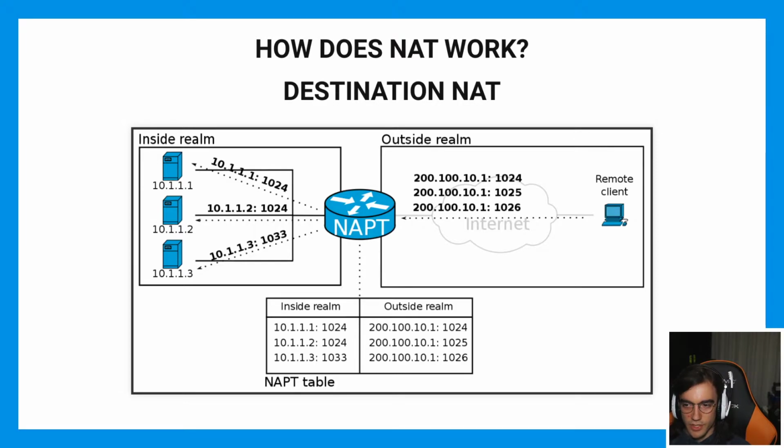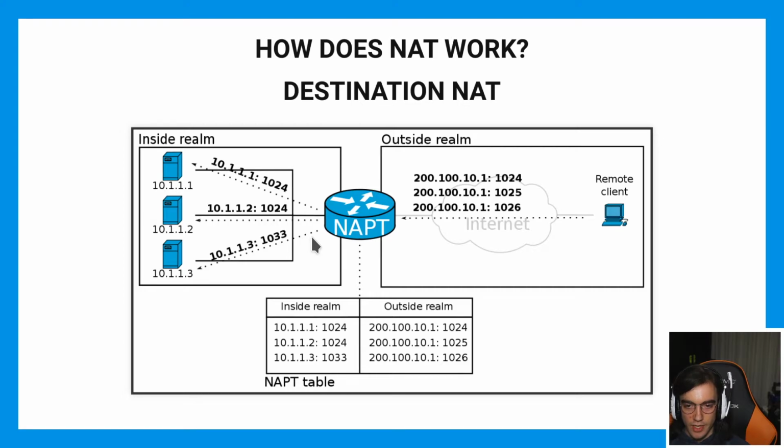So because of that, we need a translation on the router that will map a port on the router's external IP address to a port on the router's internal IP address. This is sort of a band-aid fix for breaking the end-to-end principle. So it allows remote clients to still connect into your network, but the downside is that you're limited to a number of ports on one IP address.